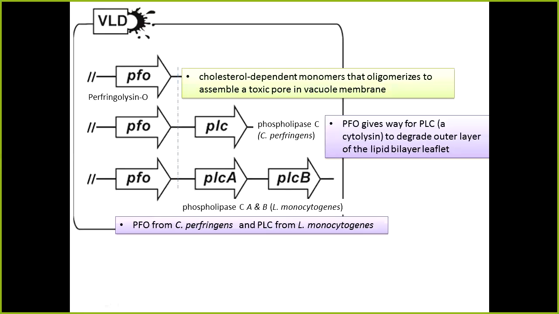So here's the VLD system. It doesn't work with magnesium, so in the vacuole it works because there's no magnesium. So that's how they control it. That's why they don't need a promoter, because the enzyme's not active.